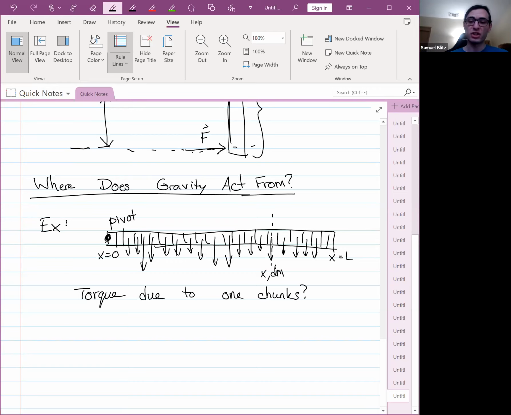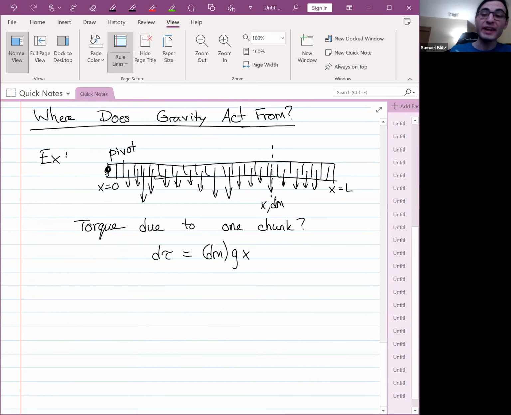So for a chunk at that position with that mass, the torque at the pivot point would be the force, which is dm times g, times the distance that chunk is from the pivot point, because the force is perpendicular. In this case it would just be times x, because x is the distance from the pivot, and the force is perpendicular to the vector r. And so the net torque would just be found by adding up all of these torques.